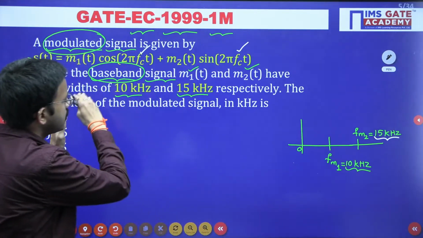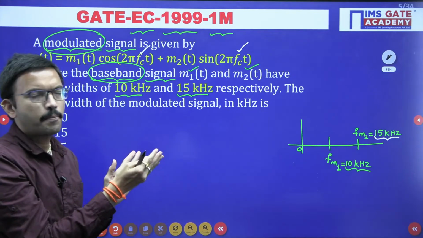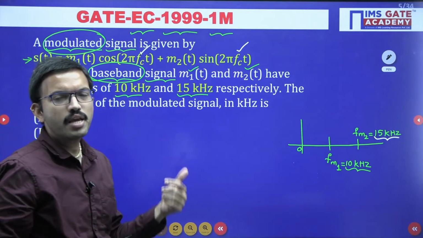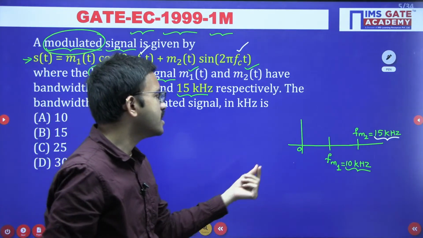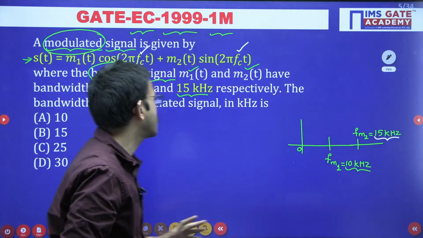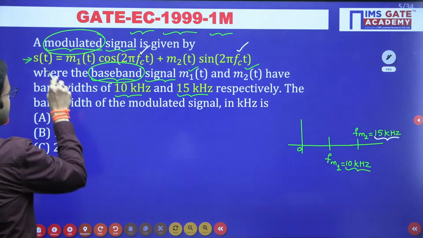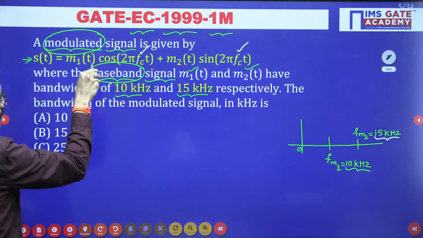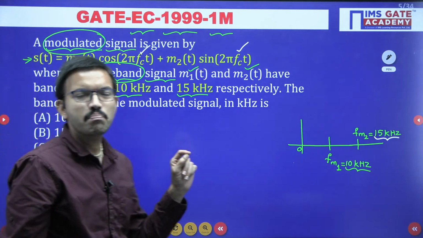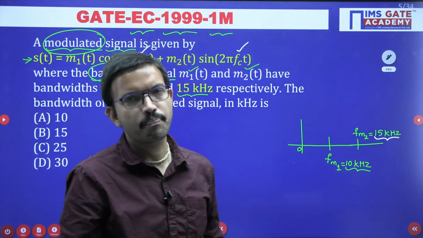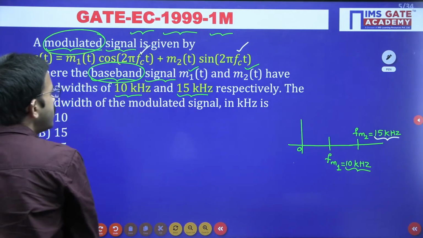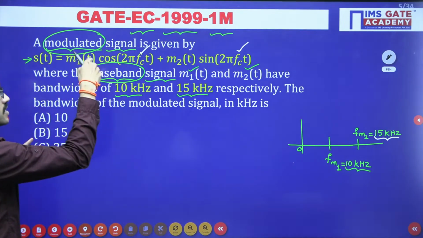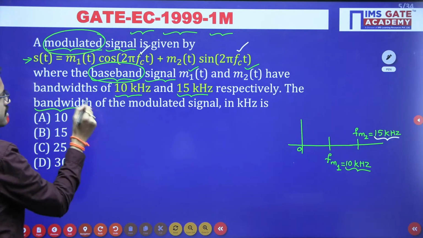Whenever you have two or more frequencies in the modulating signal, whatever modulation technique you use, we put the name multi-tone, because it has multiple frequencies, that's all. So the standard equation given in this question is nothing but multi-tone DSBSC, right? Regarding this signal, you are supposed to calculate the bandwidth.